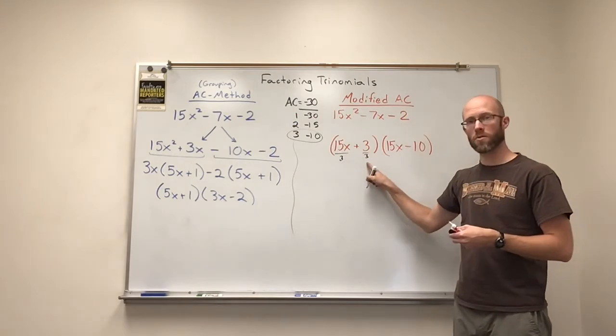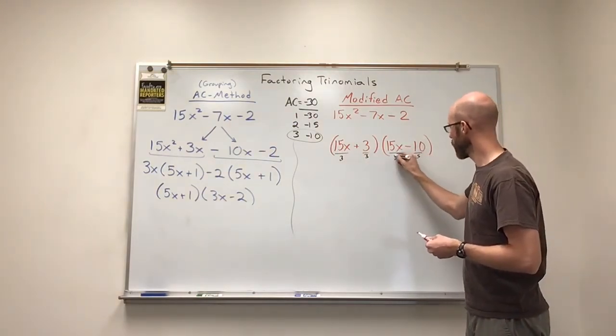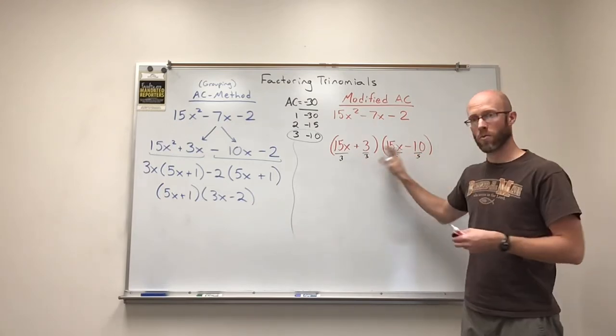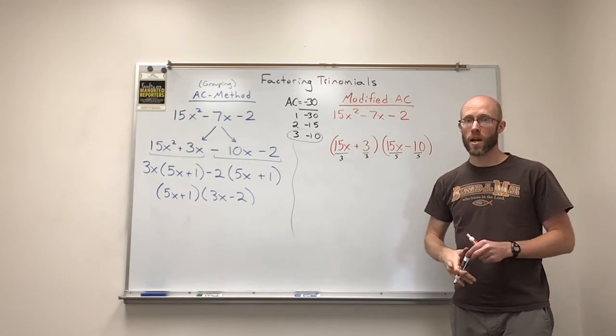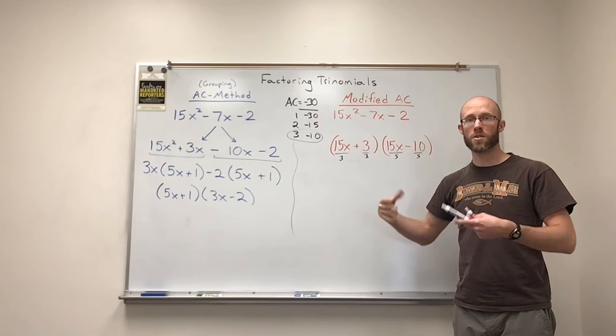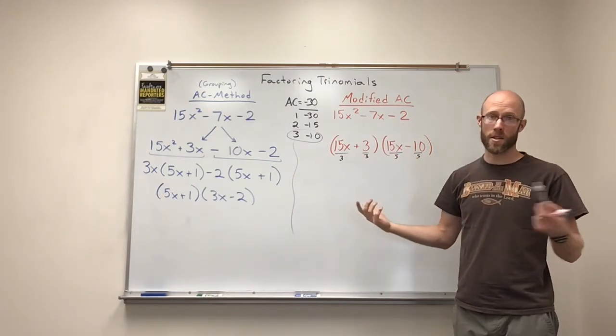Here there's a common factor of 3, and here there's a common factor of 5. Now it could be the case that you don't get a common factor in one of these sets of parentheses, and that's okay. You don't have to divide something out if there isn't one there. You only have to divide common factors out if they exist.